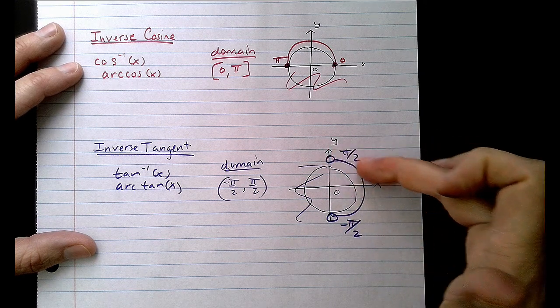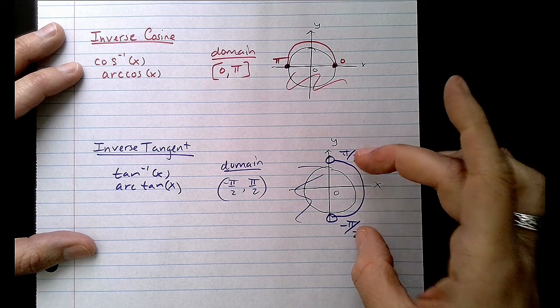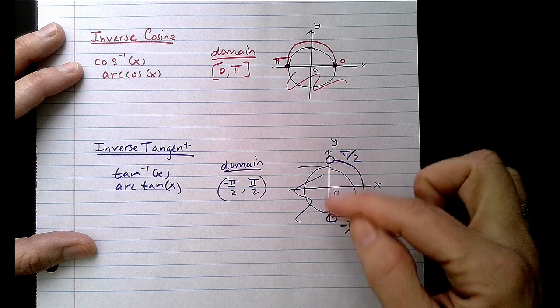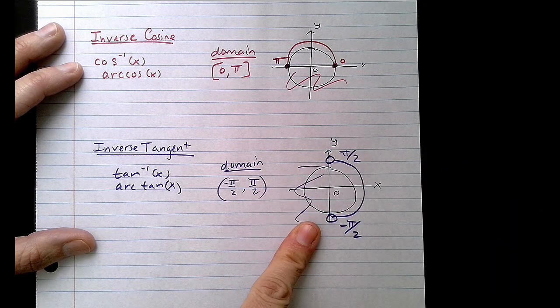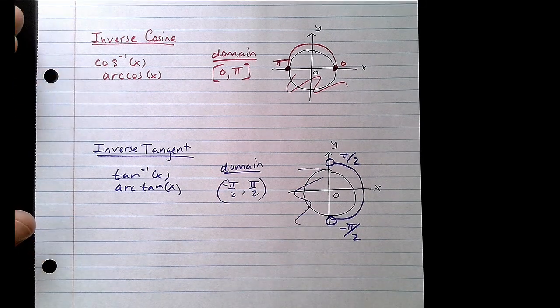So the domain of arc tangent is just like arc sine. It lives in quadrants 1 and 4. However, you cannot use those actual angles there, and also you cannot use anything from quadrants 2 or 3. So these are your three basic trig inverse functions.